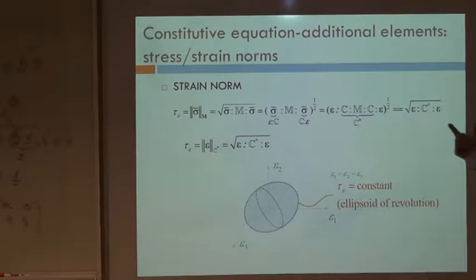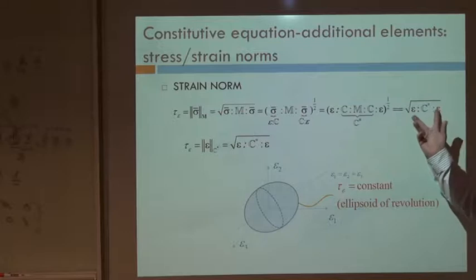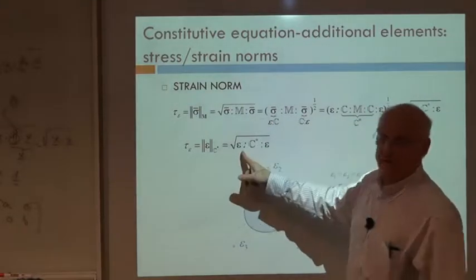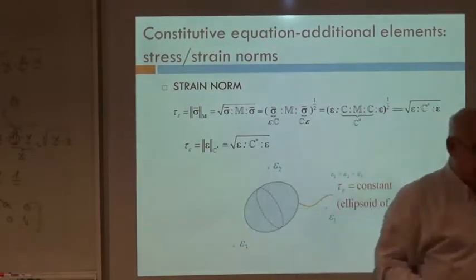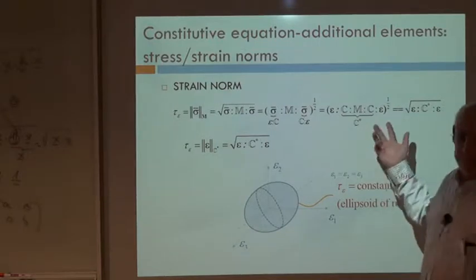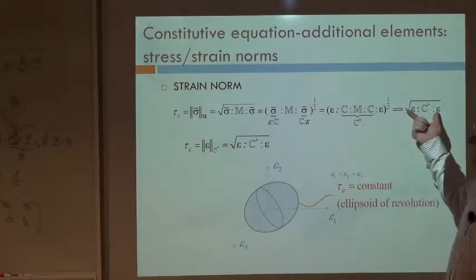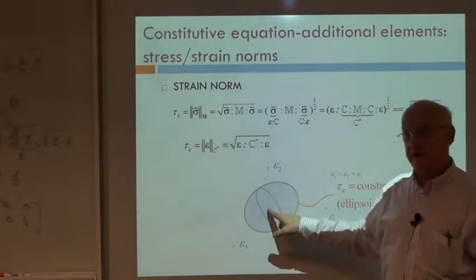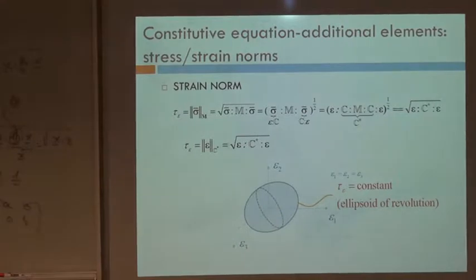Look that a property of a norm is that it is only zero if the strains are zero. That's a property of any norm. A norm, to be considered a norm, has to fulfill this property, that when the norm is zero, the distance is zero, that means that the point is right here. So the point is zero.